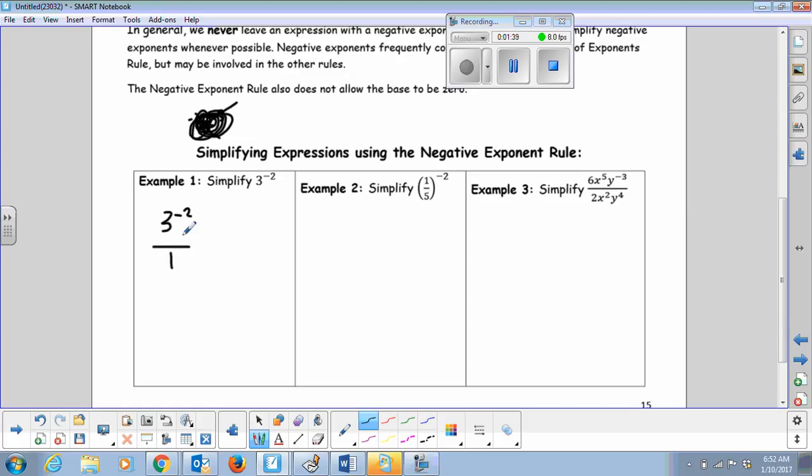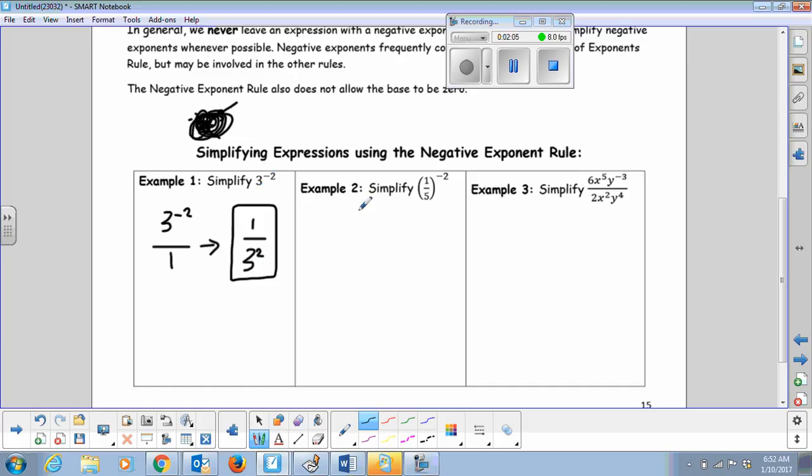So all we need to do is have the 3 switch sides, and it'll be a positive 2 now. Okay, so 1 over 3 squared is your answer for number 1. And if you put both of these into the calculator, you should get the same result. So this negative exponent was at the top, now it's at the bottom, and it's positive.